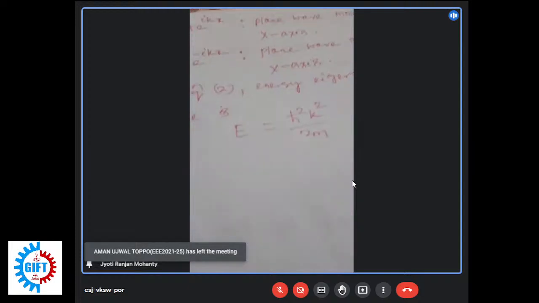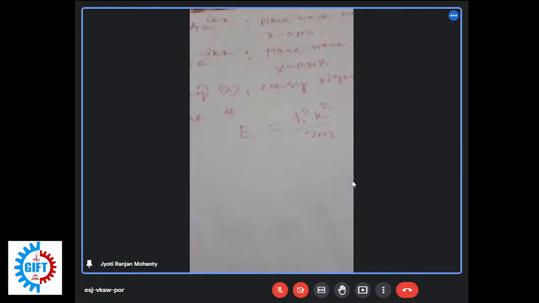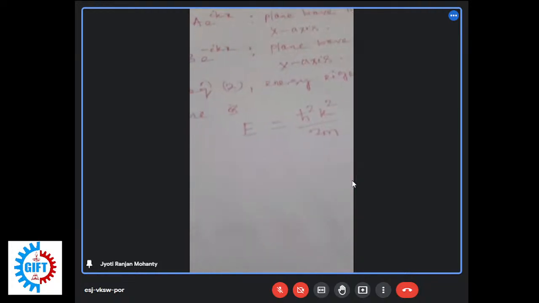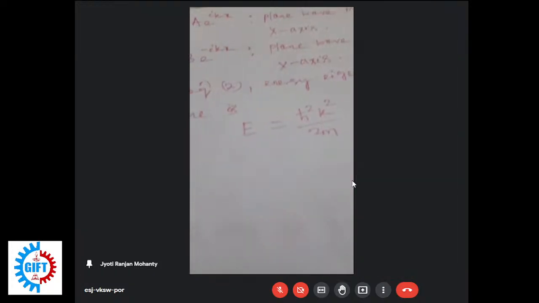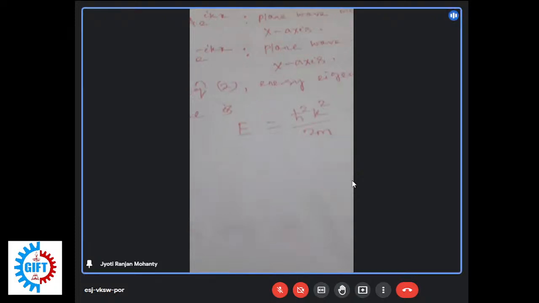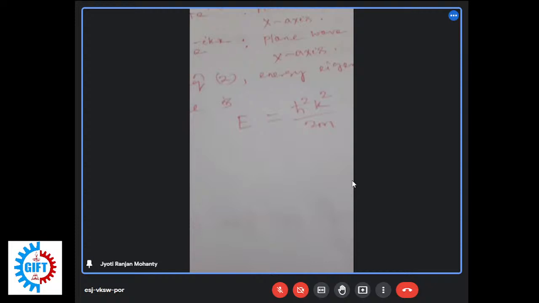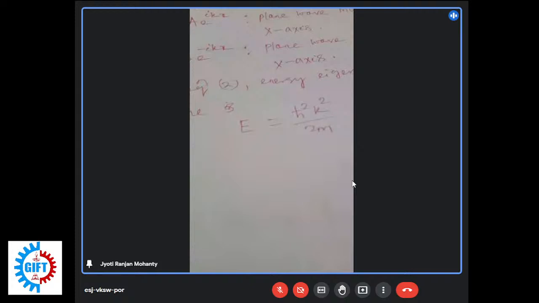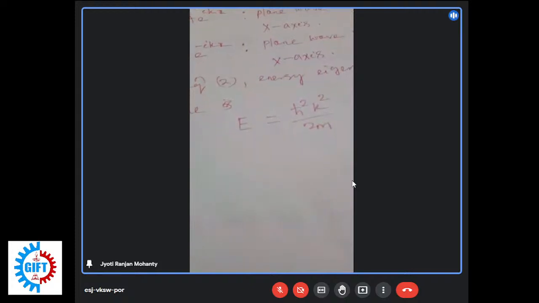Any finite value, not infinite. There is no restriction on the value of k, so the energy can take any finite value.